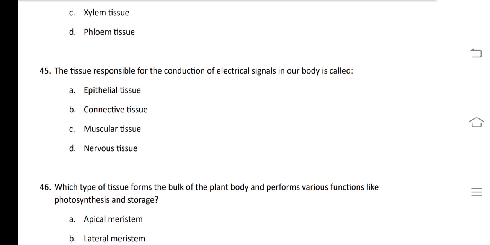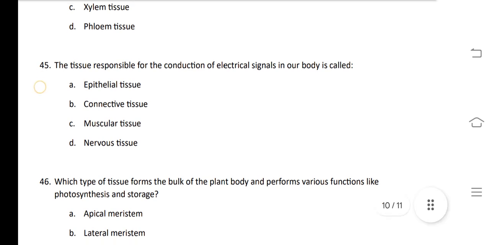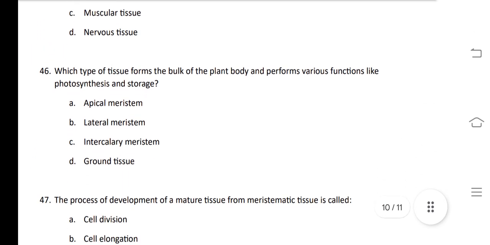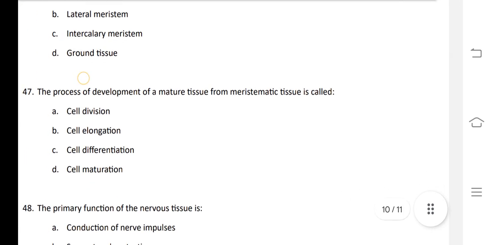So our next question is, the tissue responsible for the conduction of electrical signals in our body is our nervous tissue. And moving on to our next question, which type of tissue forms the bulk of plant body and performs various functions like photosynthesis and storage? Photosynthesis is done by parenchyma, which is a part of ground tissue.